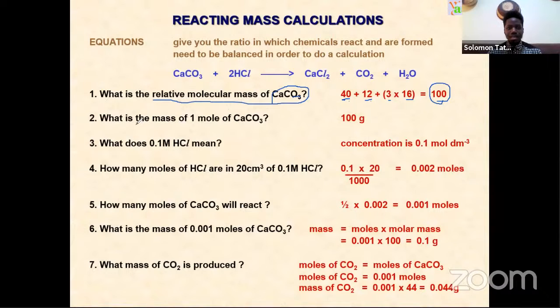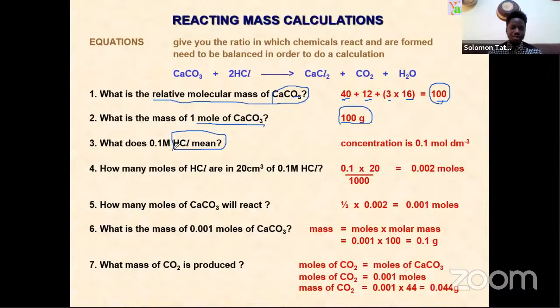Now, this would mean that the mass of 1 mole of calcium carbonate would weigh 100 grams. That's what it means. And then if you're tasked to say what does 0.1 molar of HCl mean? Yeah, this one is just the meaning.